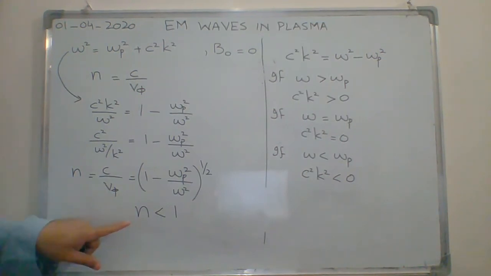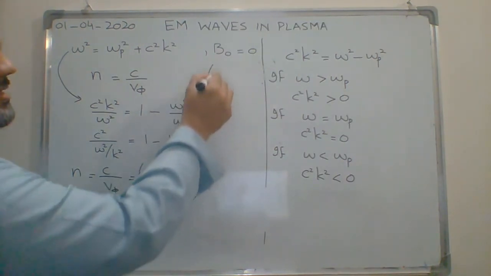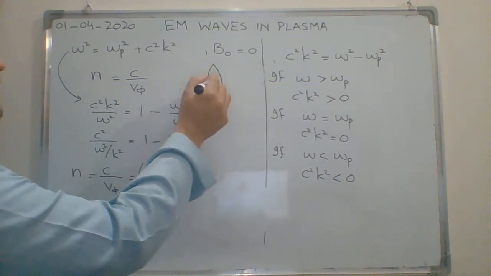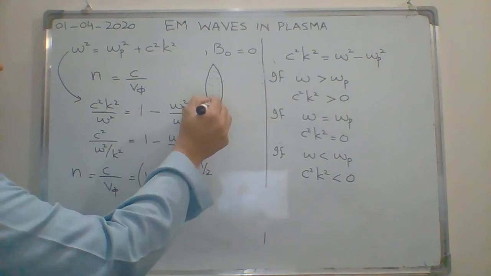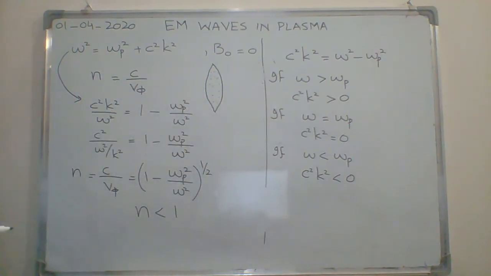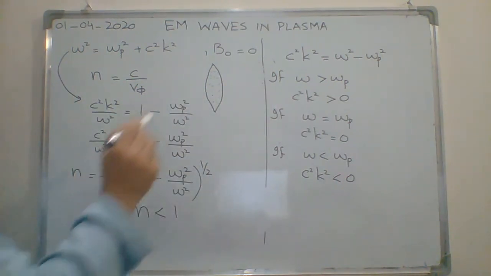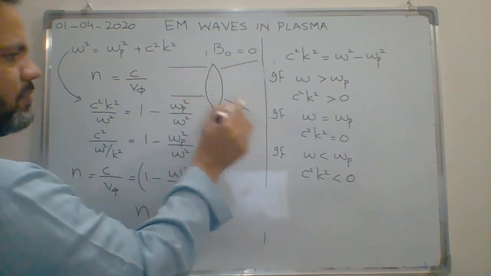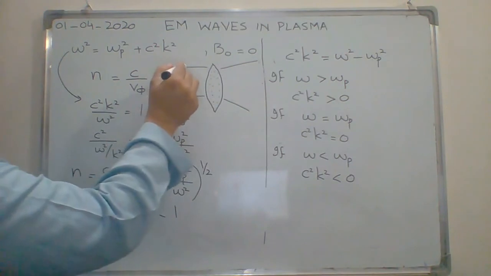For this kind of situation, there is an interesting fact: if you make a convex lens that is made of plasma, instead of converging the light, it starts diverging the light, which is an interesting phenomenon.